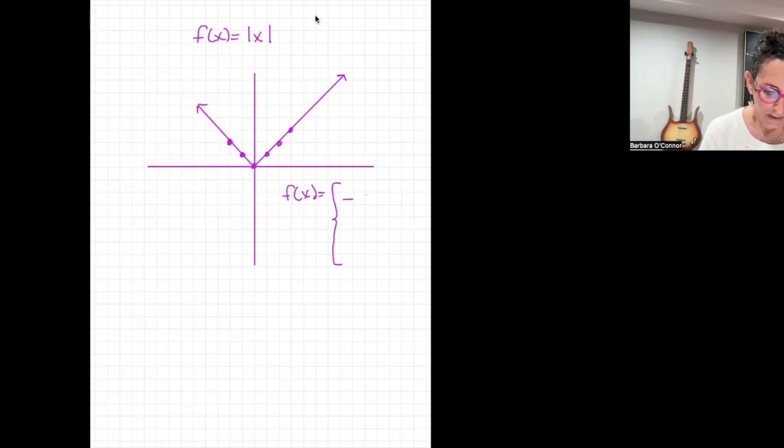So y equals negative x for all x less than or equal to 0. So that's this line. It's going along with its negative slope until it hits 0, and then it switches to the line y equals positive x for all values of x greater than 0.